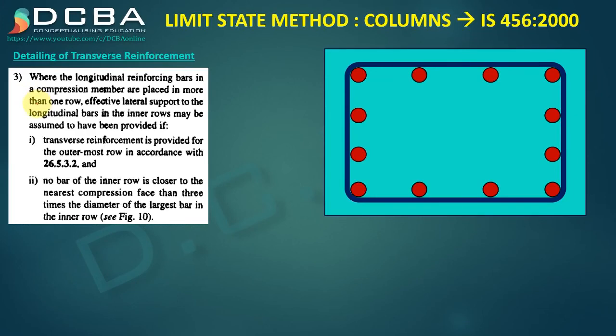Third one, when the longitudinal reinforcing bar in a compression member are placed in more than one row, effective lateral support to longitudinal bar in inner rows may be assumed to have been provided if, what this clause is, like if you have longitudinal bars inside. Okay, so these are the inner rows of longitudinal bars.